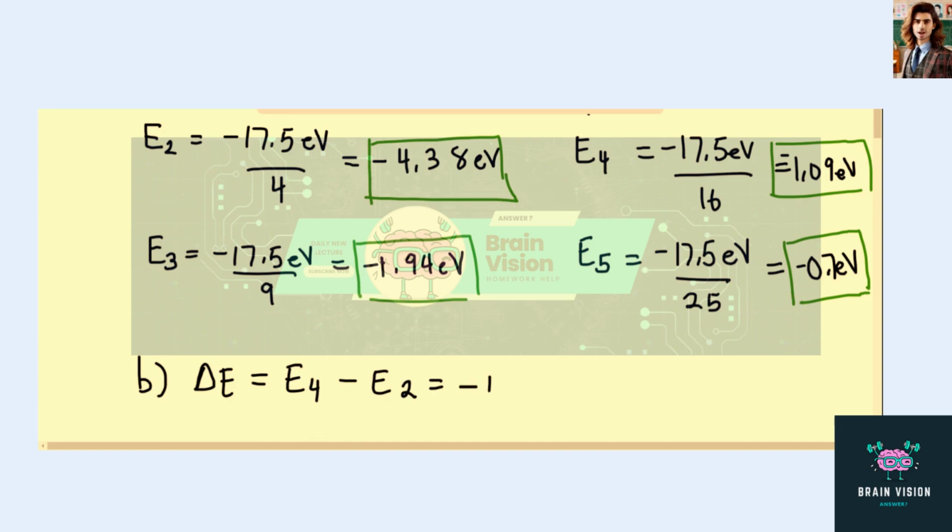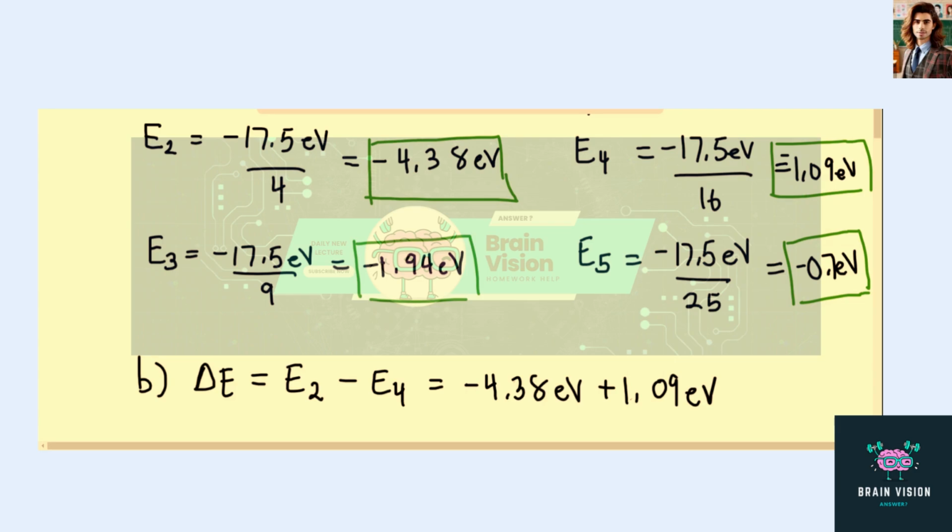The delta E here is going to be E2 minus E4, because we want final minus initial. So that's negative 4.38 eV plus 1.09 eV.